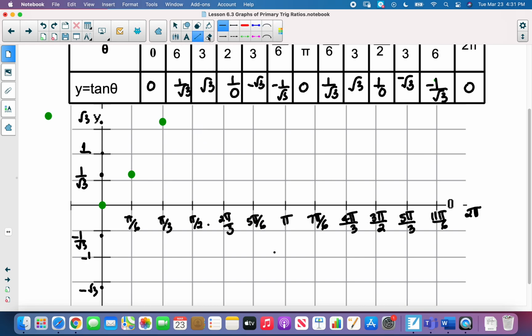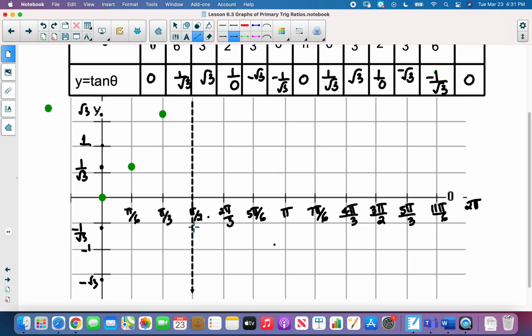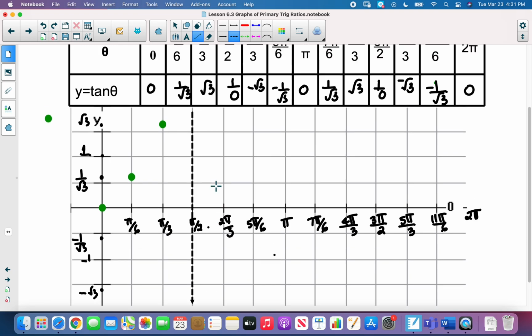So we're going to have a vertical asymptote there because it's undefined and there's no point on that pi over 2. Then our 2 pi over 3 is negative root 3. So it will again start way back down here. Negative root 3.